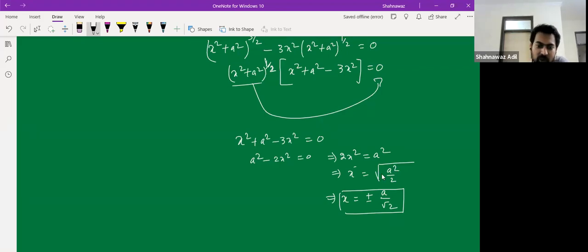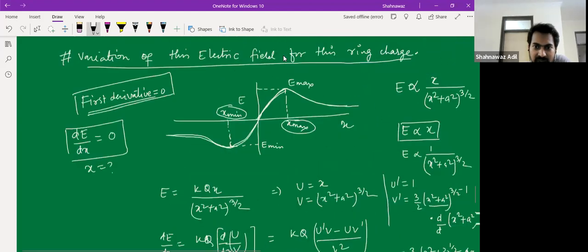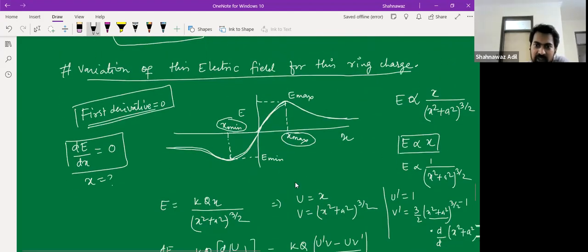So let us go back to this graph, right? So at this point, x equals a by root 2. So this value will give the maximum electric field, right? And this is x equals minus a by root 2. Okay, guys, so this will give the minimum electric field.